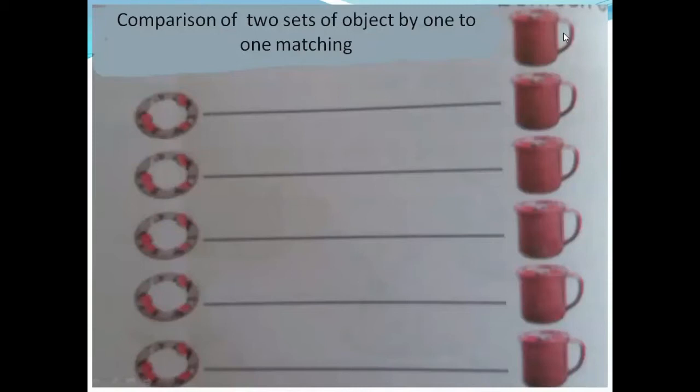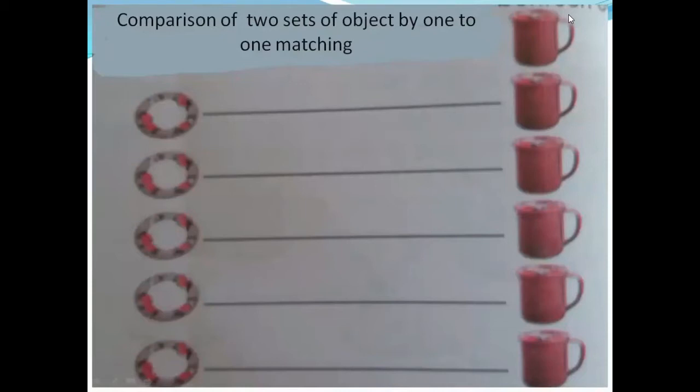The sixth cup matches, but there is no saucer here. So we find that one cup remains without a saucer.